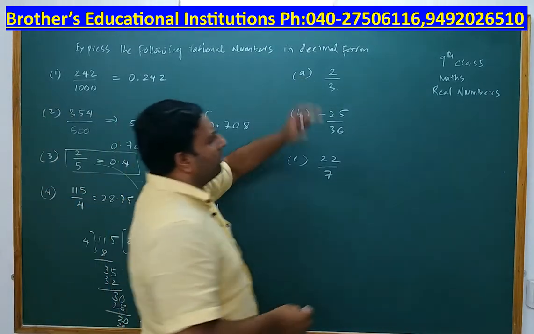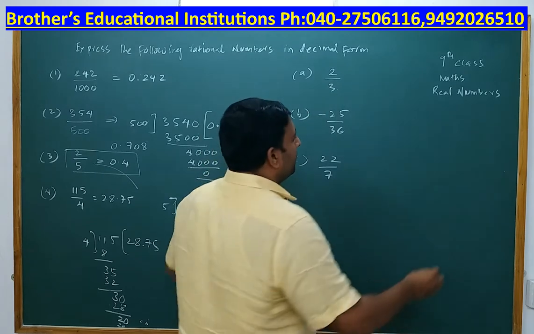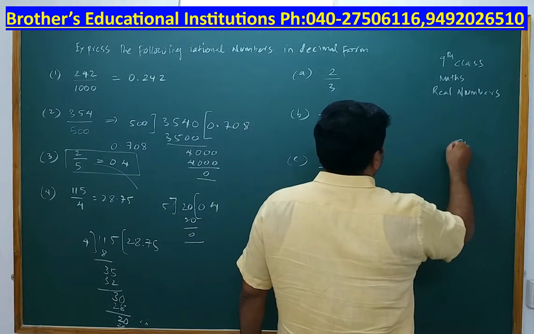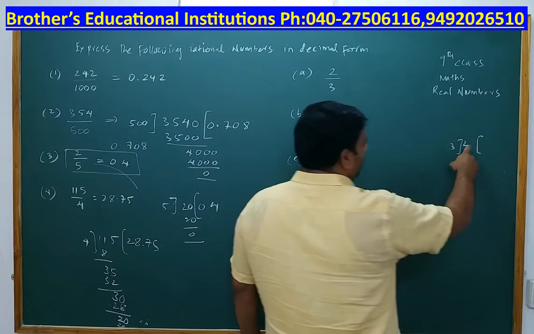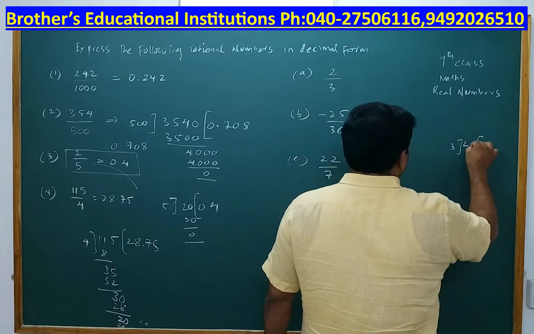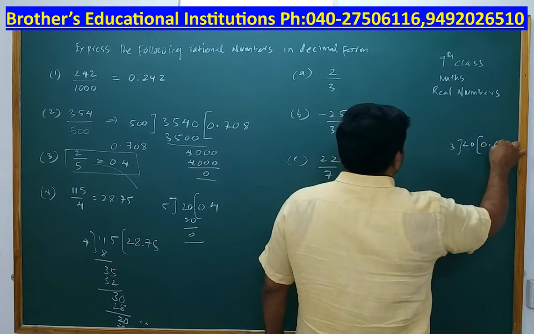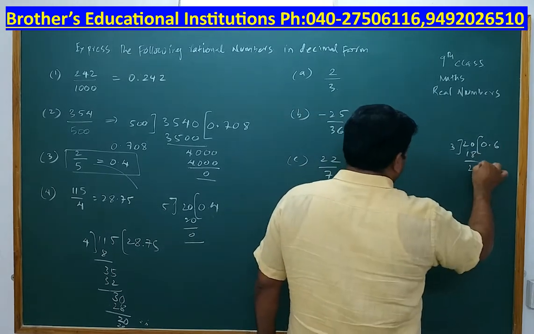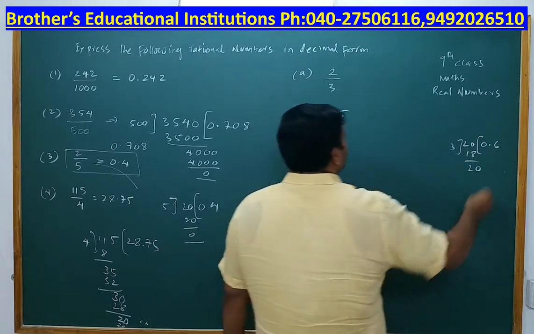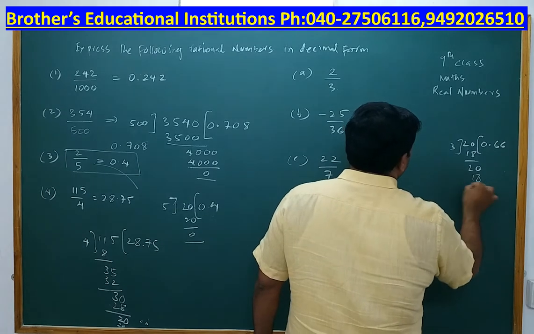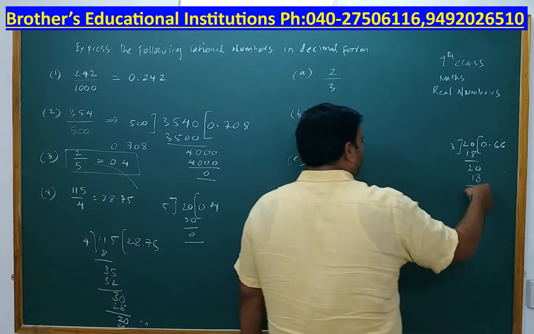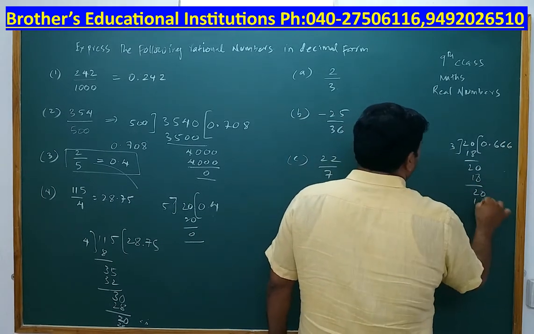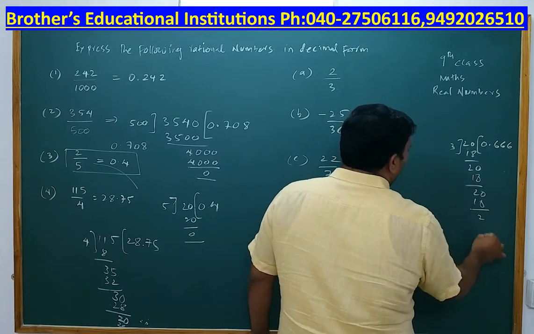Now we will see what you will get when you divide 2 with 3. When you divide 2 with 3, you have to introduce a point. I will write 0 point, put a 0 here. 3 6s are 18, remainder 2. Since point is there, I can always borrow 1 0. 3 6s are 18, and this will go on and on.